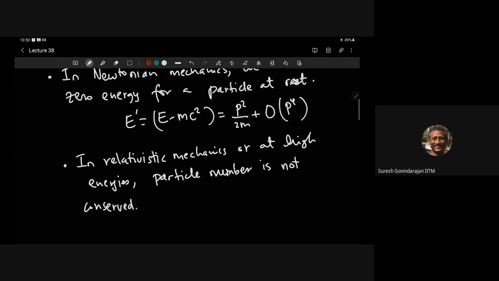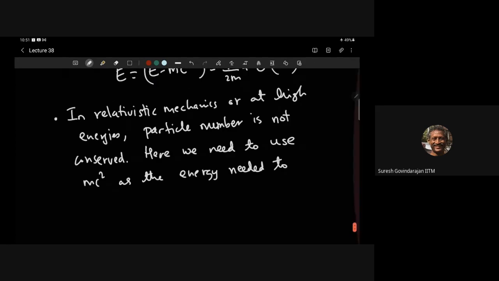Here we need to use mc square as the energy needed to create this particle, the minimum energy to create a particle of mass m.